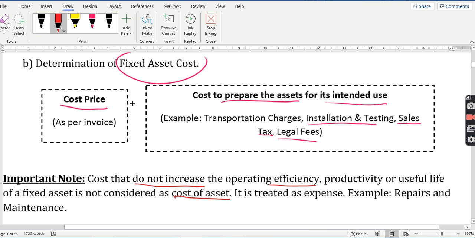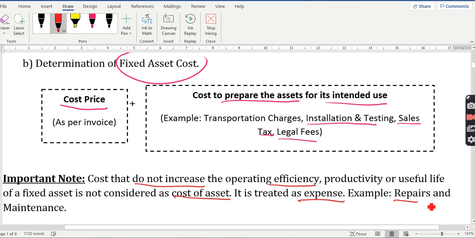We are talking about capital expenditure when the cost that we bear increases the operating efficiency, productivity, and useful life of the asset. These items will be included in the cost price of the asset. But if it doesn't increase any of it, we will treat the cost as expenses.